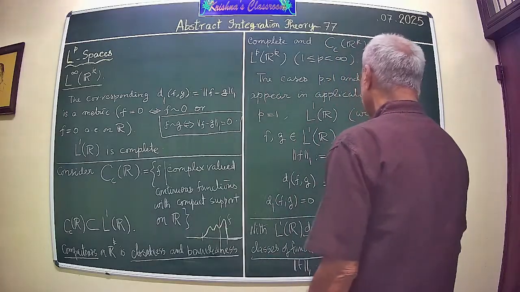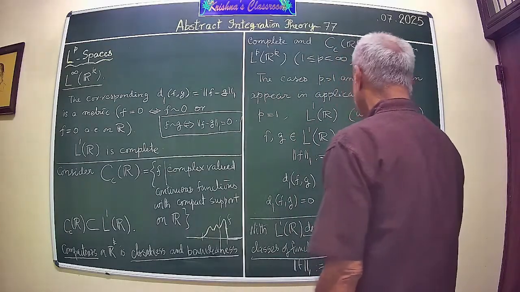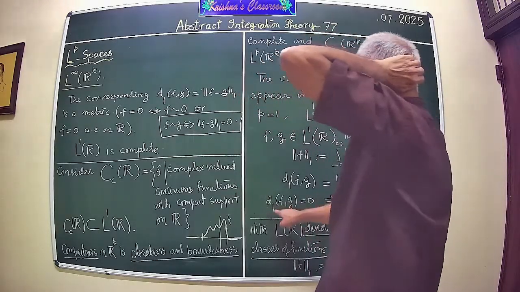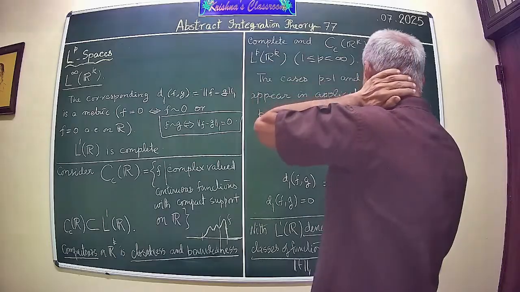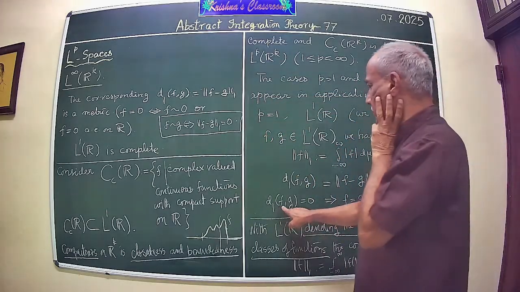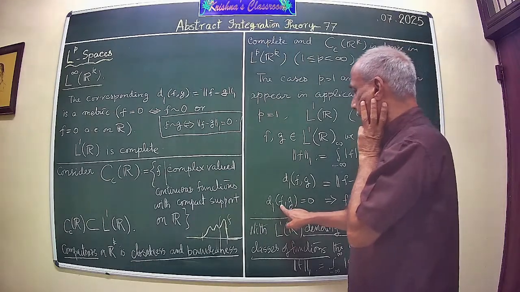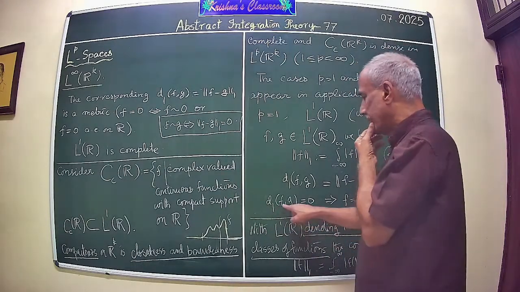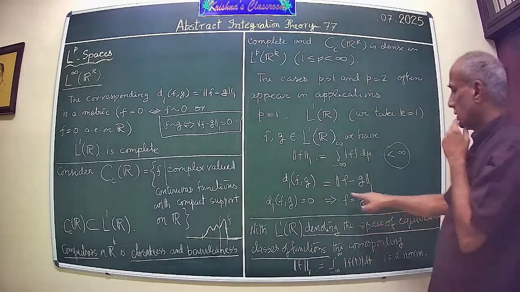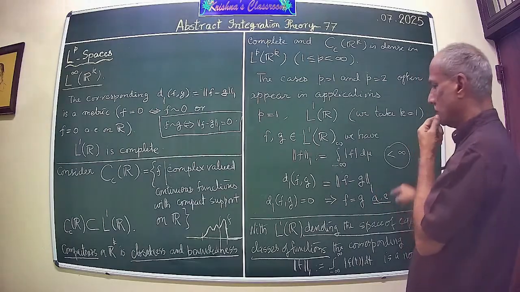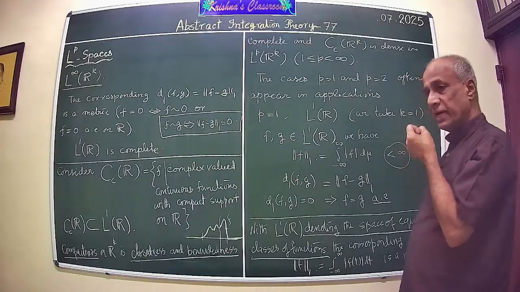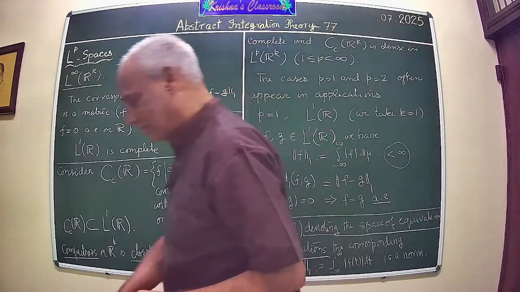Another point that you have to look at is this. We said that in L1(R), d1(f, g) equal to 0 implies f is equal to g almost everywhere. Suppose you confine yourself to the continuous functions, with the additional property of continuity for f and g. Then what happens is, norm of f minus g 1 equal to 0 if and only if f is equal to g everywhere, not almost everywhere.